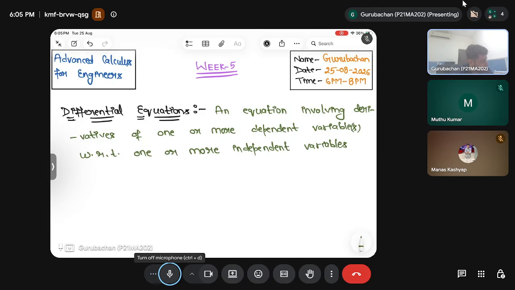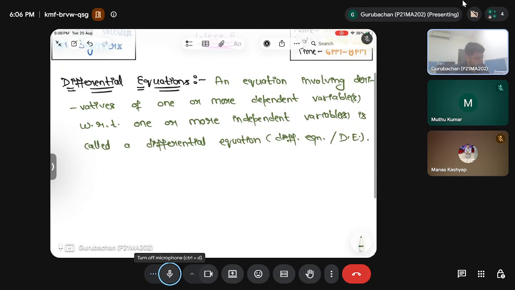So it may be a variable or variables, is called a differential equation. So in short, we write either differential equation or DE.